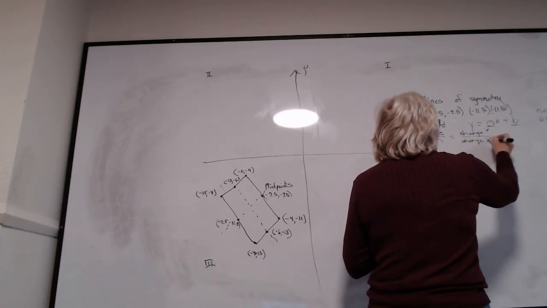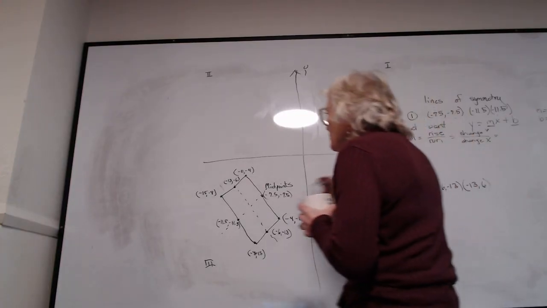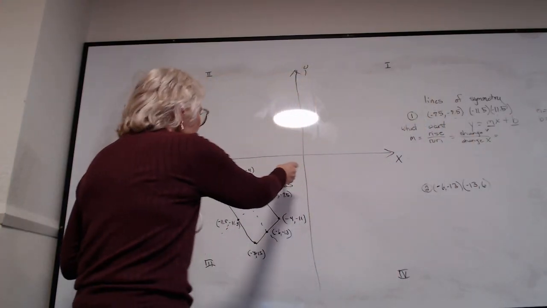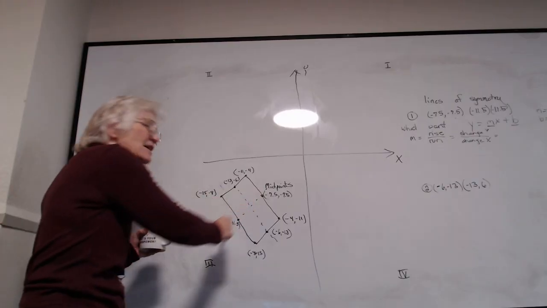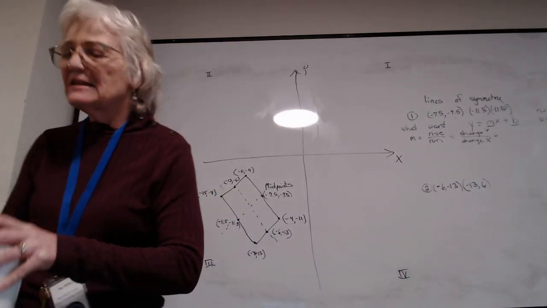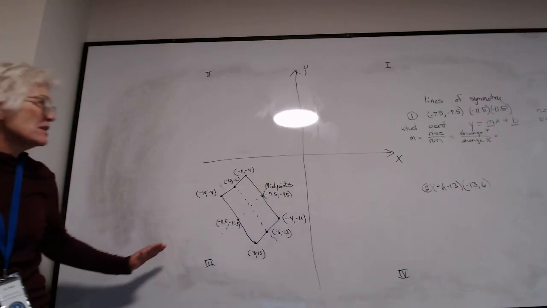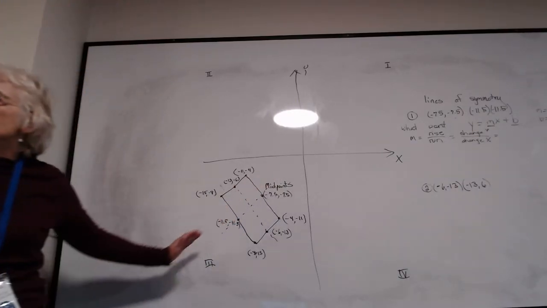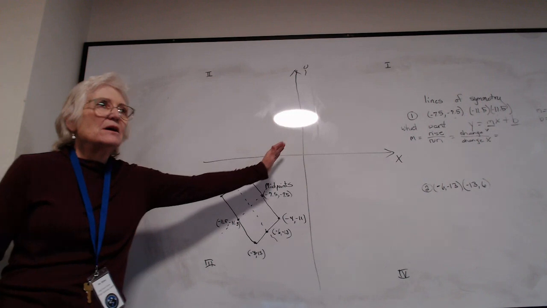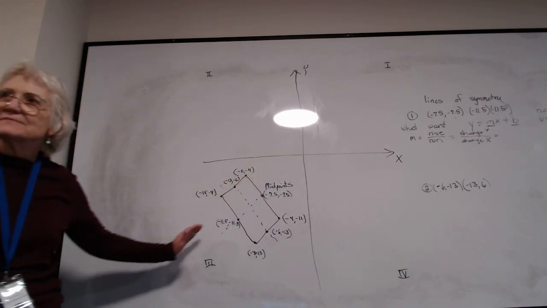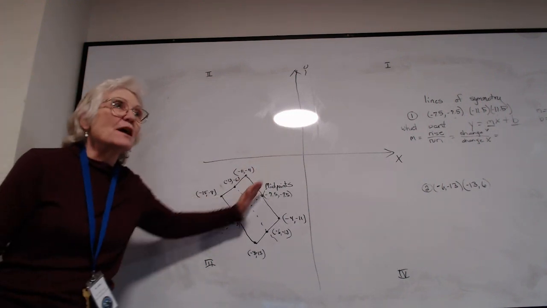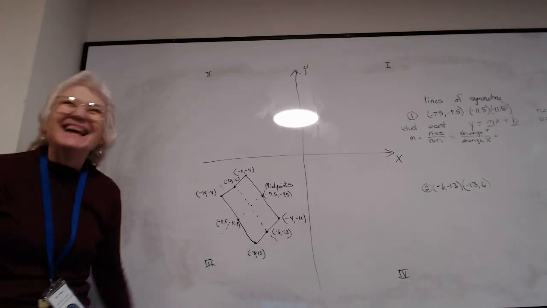Okay. So this one, we're looking at this line right here. Just looking at that line, is that line going to have a positive slope or a negative slope? Positive. Why? Because it's going up.